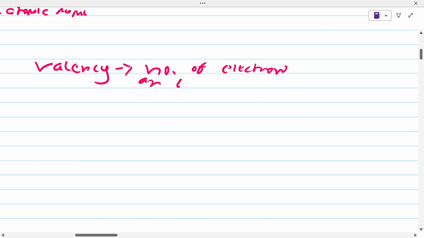Now, a valency is the number of electrons an element or an atom loses or gains to become stable.